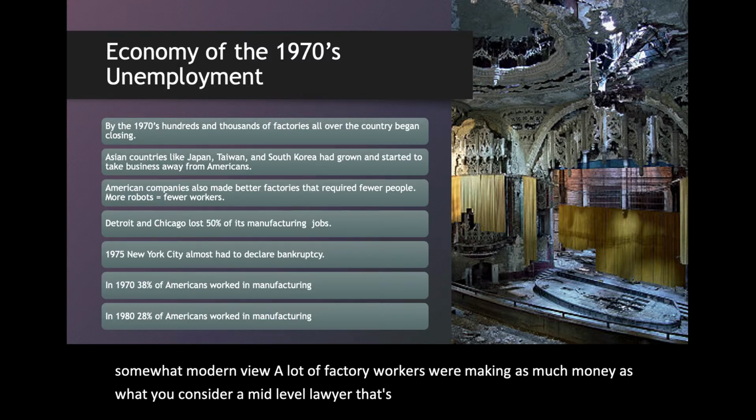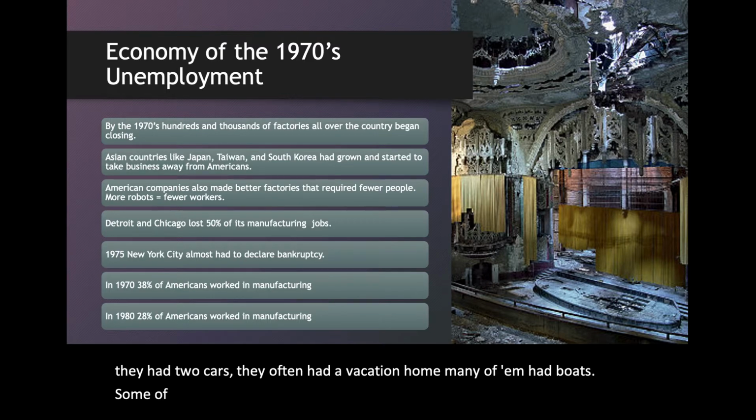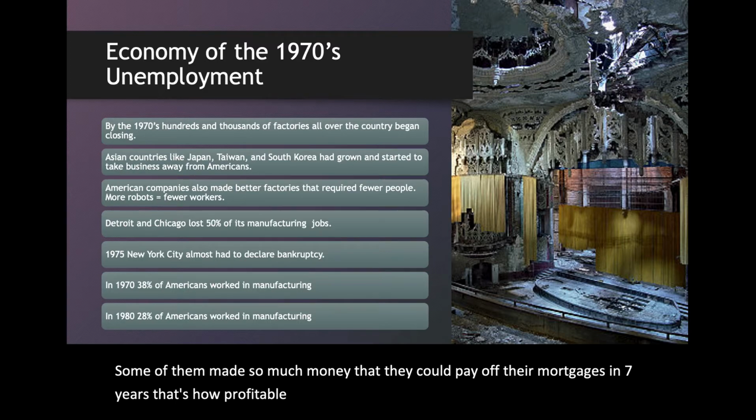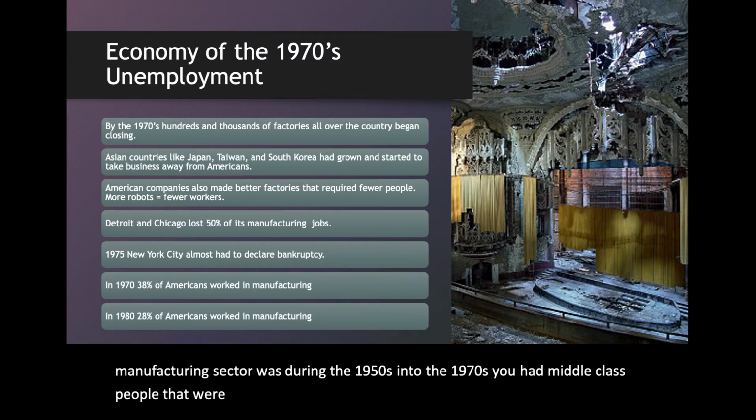They had 2 cars. They often had a vacation home. Many of them had boats. Some of them made so much money that they could pay off their mortgages in 7 years. That's how profitable and how financially secure the American manufacturing sector was during the 1950s into the 1970s. You had middle-class people that were well above traditional middle class if they worked in these jobs.